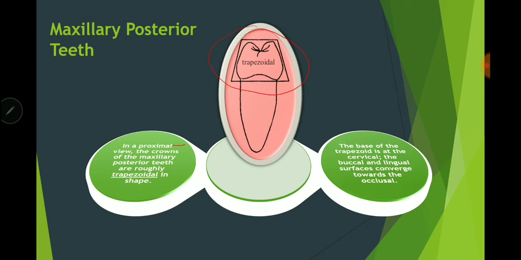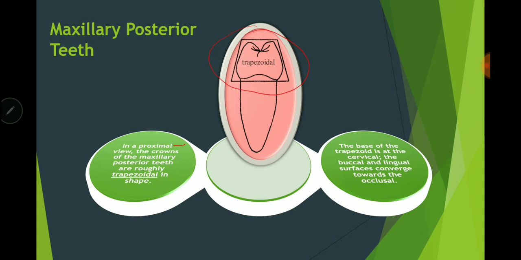Just remember, whenever I say proximal view, trapezoidal. The base of the trapezoid is at the cervical, and the buccal and lingual surfaces converge towards the occlusal.